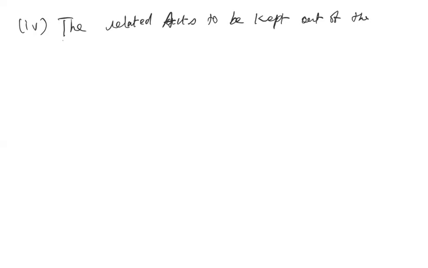Then the fourth one is the related acts to be kept out of the purview of the civil courts, meaning it has to be decided by the state government.